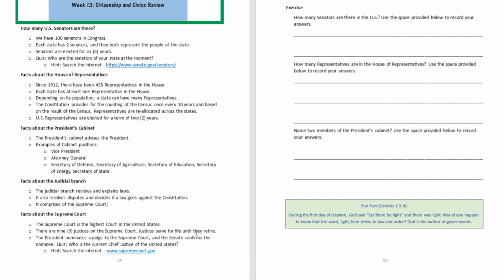So that's the only difference about the Supreme Court. The president nominates a judge to the Supreme Court, and the Senate confirms the nominee. Okay, so when somebody gets nominated to become a Supreme Court justice, they stay there until they retire or until they die. Literally, they are there forever.